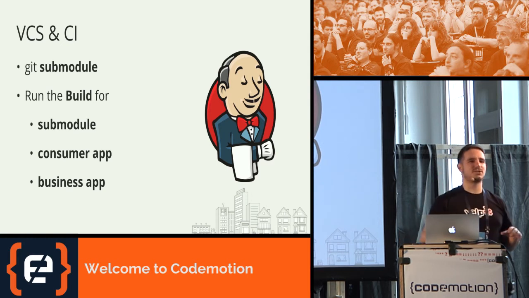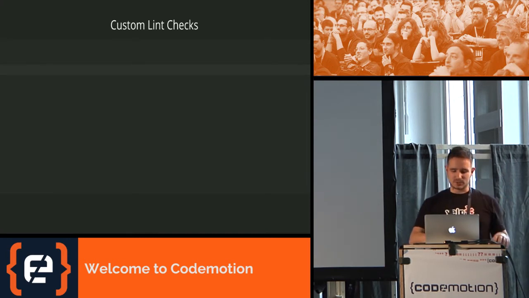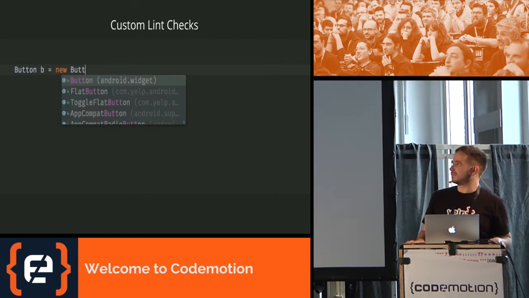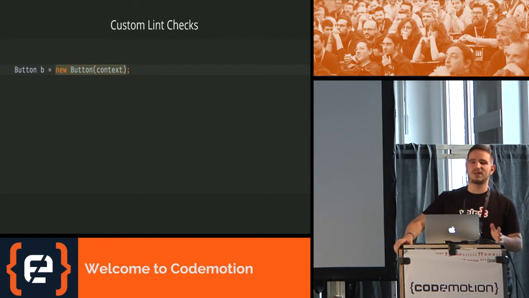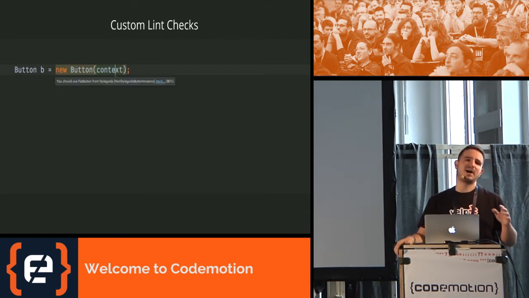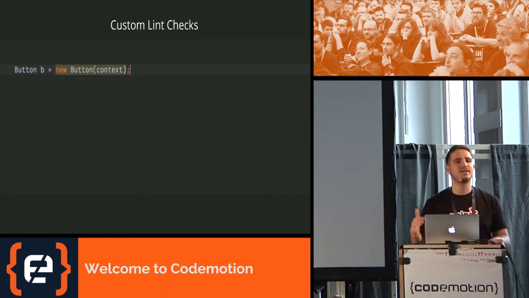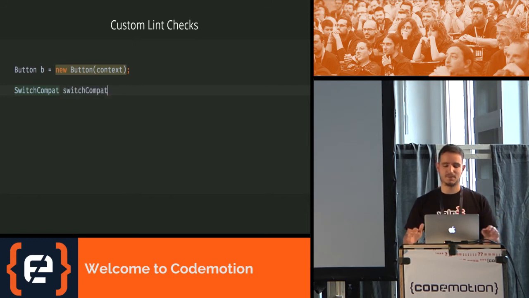To enforce the usage of the style guide library, we also provide a tool: custom lint checks. How do they work? Basically, we created some custom static analysis tools to be sure that whenever a developer on Android instantiates an Android stock button, it will raise a warning, like, hey, you are creating a button. You know that you should use our Yelp buttons?